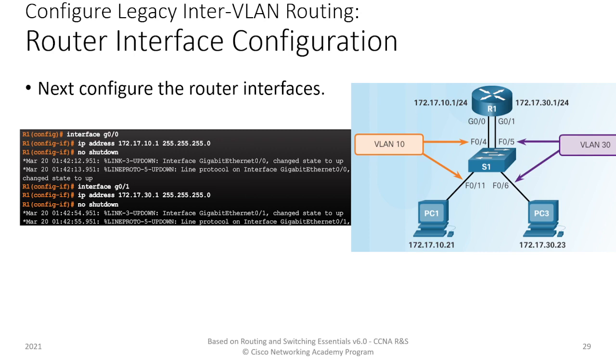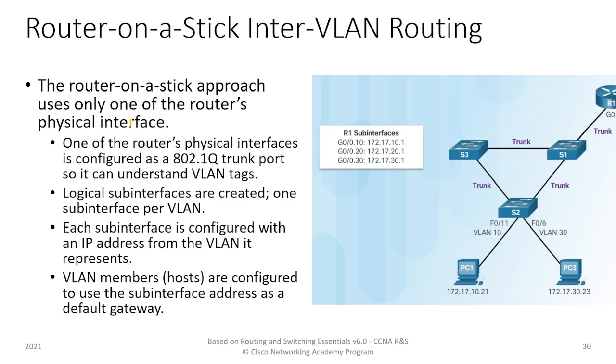So to combat these disadvantages, we have an alternative mode, a configuration option, which is known as router on a stick inter-VLAN routing. With router on a stick inter-VLAN routing, the main difference is that the router is also going to know about VLANs.